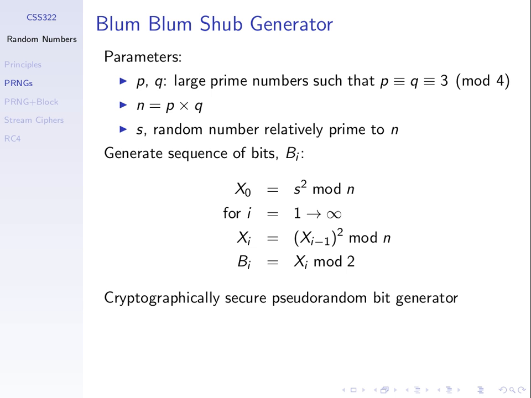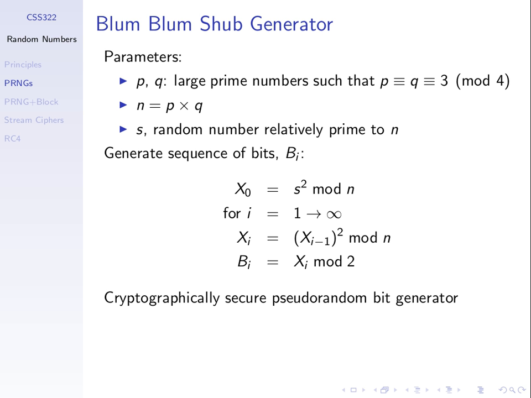We choose some number s, a random number which is relatively prime to n. We'll cover in the next topic a little bit more about the modulus and relatively prime, but relatively prime means that the two numbers have a greatest common divisor of 1. The greatest common divisor of s and n is 1.